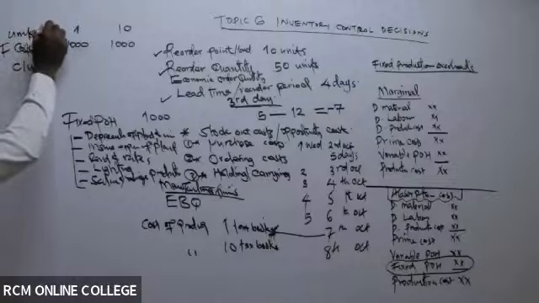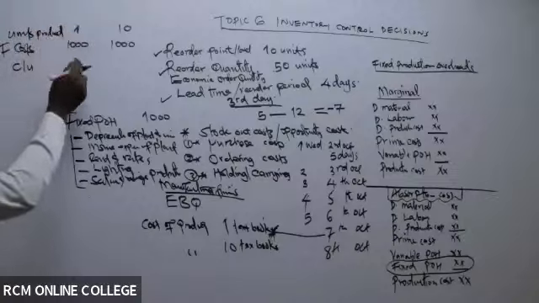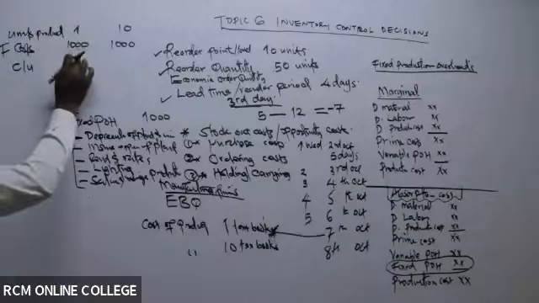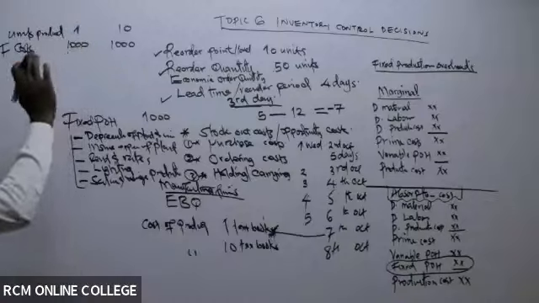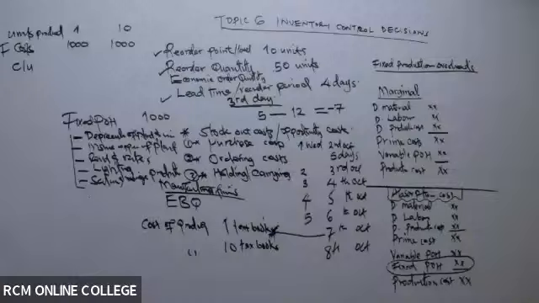Units produced, right? So when I produce only 1 unit and fixed cost is 1,000, what will be the cost per unit? 1,000 divided by 1.